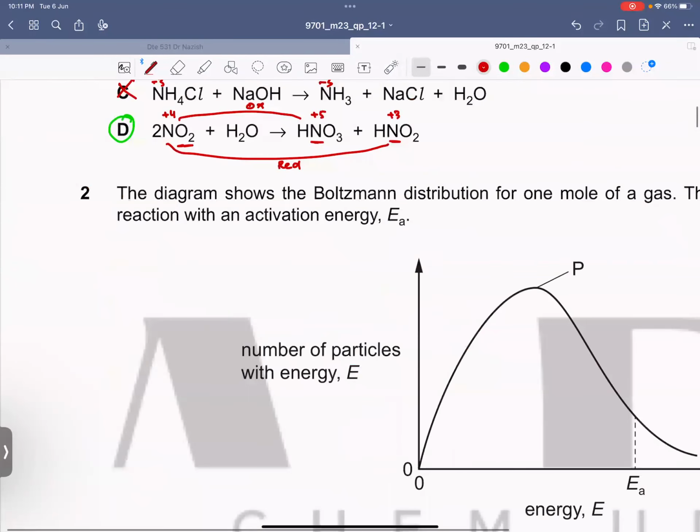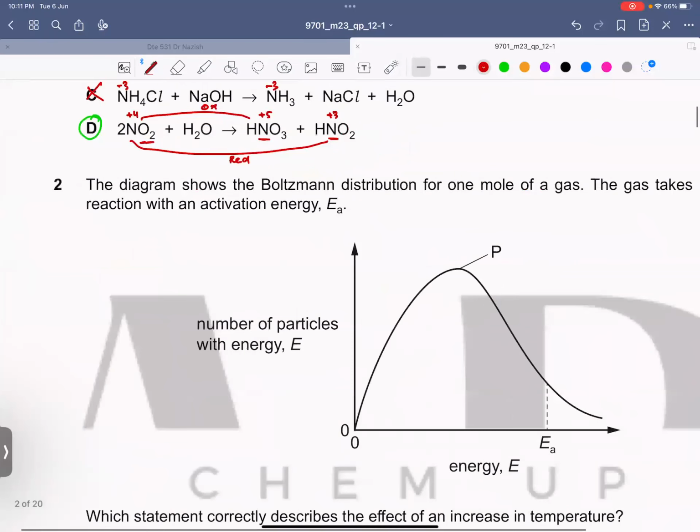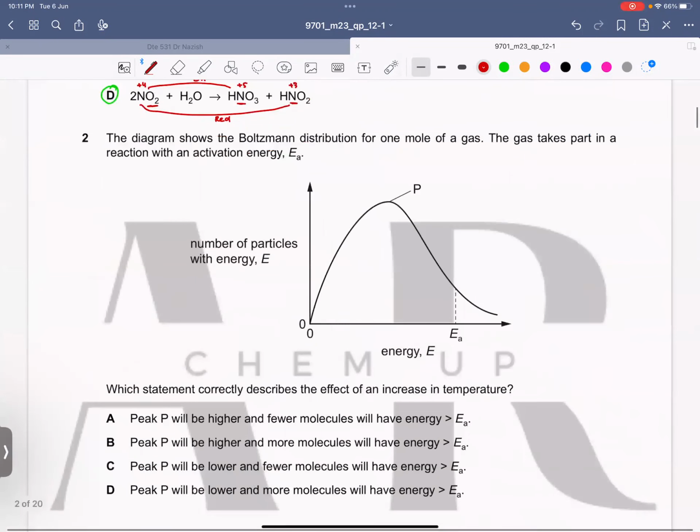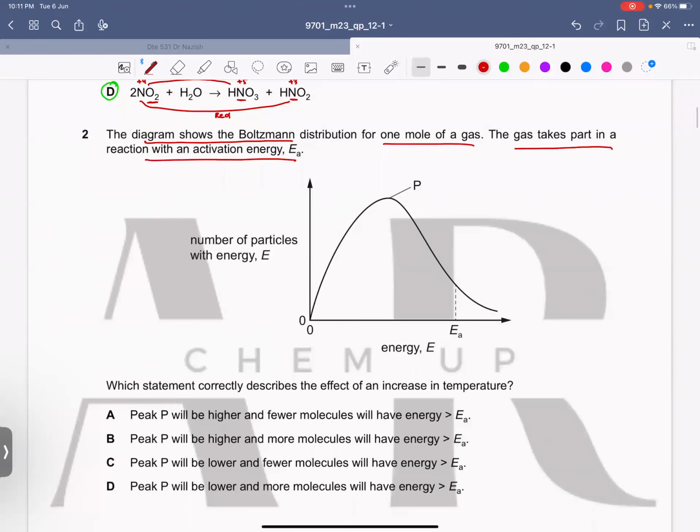Now question number 2. The diagram shows the Boltzmann distribution for 1 mole of a gas. The gas takes part in a reaction with an activation energy EA. Which statement correctly describes the effect of an increase in temperature? We all know that when the temperature is increased, the curve shifts like this, right?